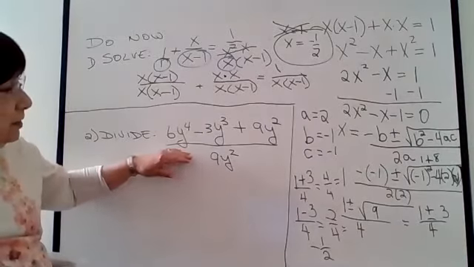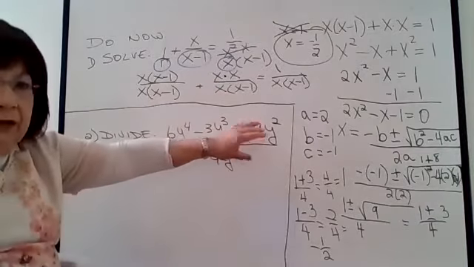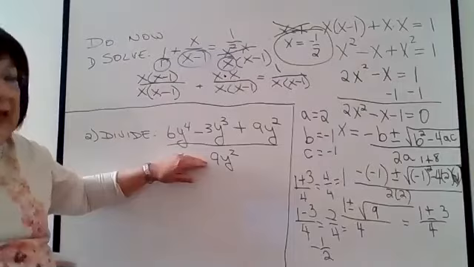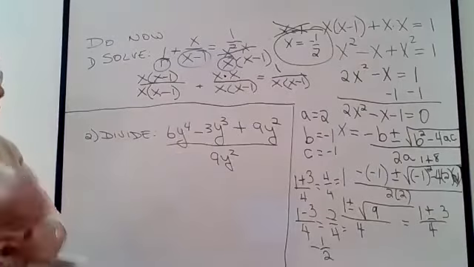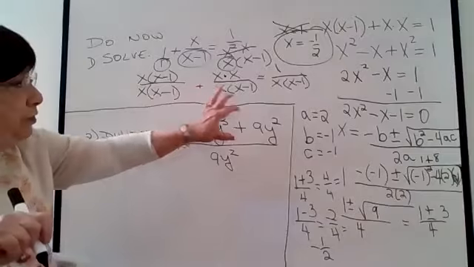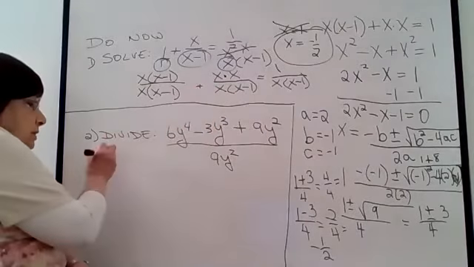Let's see if we can remember how to do this dividing of a polynomial, in this case a trinomial, by a monomial. What I told you to do in that case is to take each of the terms separately and put it over the denominator.